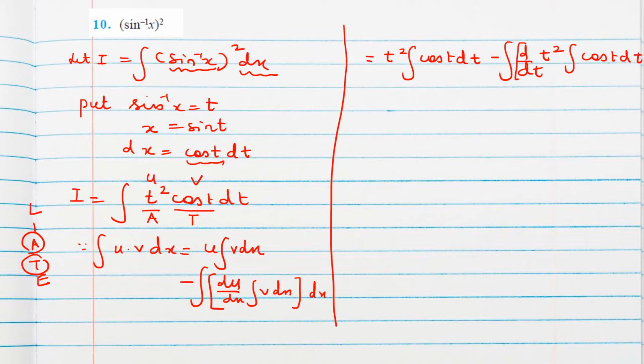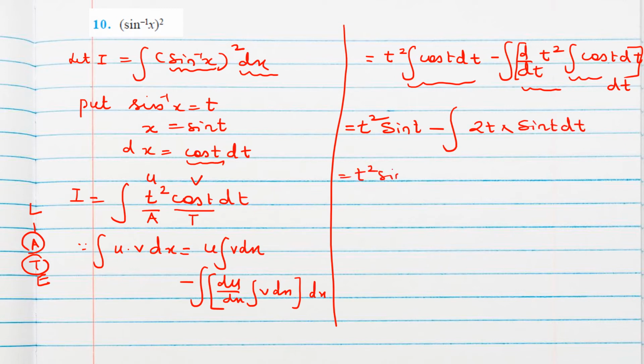Then complete the integration. The integral of cos t we have by direct formula, that is sin t. The derivative of t square will be 2t, and the integral of cos t is sin t. So we get t square sin t minus 2, which we can take outside, integral t sin t dt.